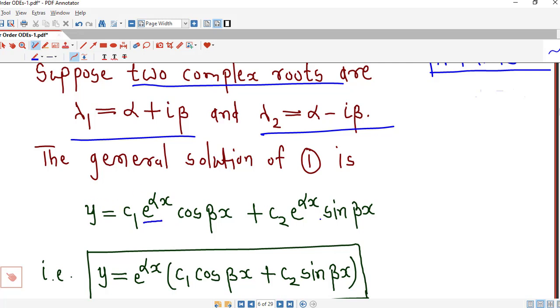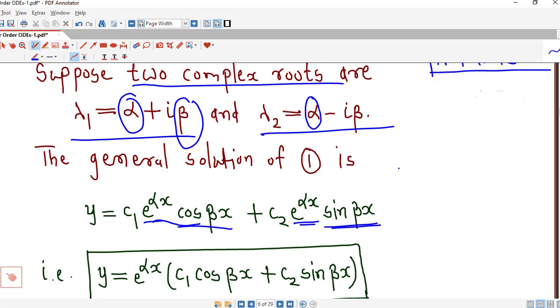We are considering e raised to alpha x. Here alpha is the real part of the complex root. So y equal to e raised to alpha x cos beta x, where beta is the imaginary part of the complex root. So here our function is e raised to alpha x cos beta x, and here our function is e raised to alpha x sin beta x, and we multiply with arbitrary constants c1 and c2.